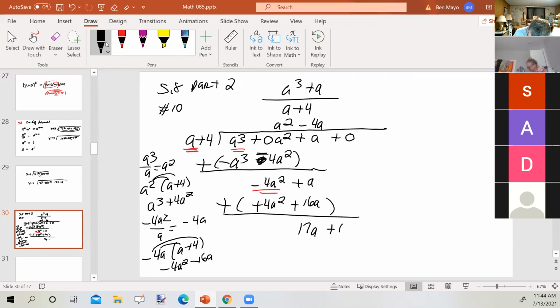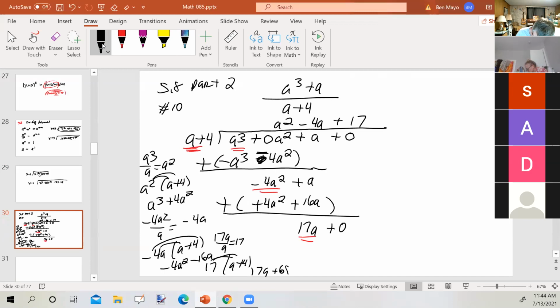And then plus 0. Going to take the leading term inside divided by the leading term outside. 17a divided by a is 17, so plus 17. Then we're going to take the 17 times the a plus 4, which is 17a plus 68. I'm going to subtract that from what's up above.